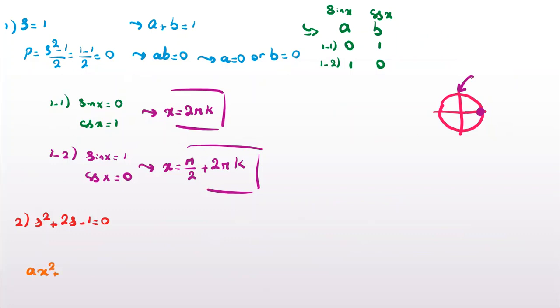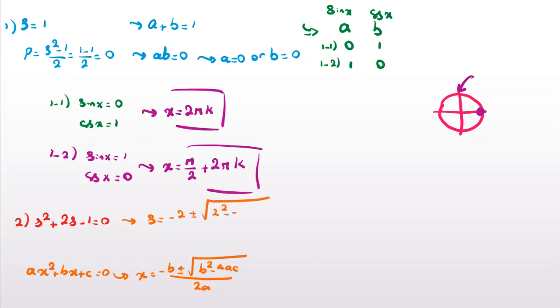If you have ax squared plus bx plus c equal to 0, then x equal to negative b plus or minus square root of b squared minus 4ac all over 2a. So here s equal to negative 2 plus or minus square root of 2 squared minus 4 times 1 times negative 1 all over 2. It will be negative 2 plus or minus square root of 4 plus 4, 8, over 2. Now, if we simplify, it will be negative 1 plus or minus root 2.